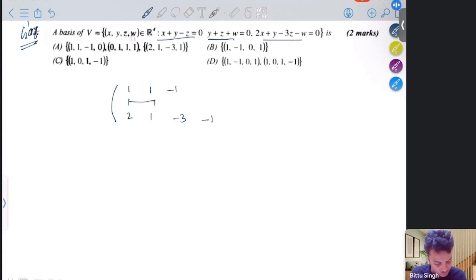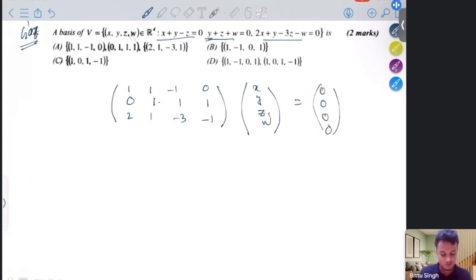Here it was 1, the coefficient of x here is 0, so 0 1 1, and the coefficient of W is 1. So these were the equations which are given.